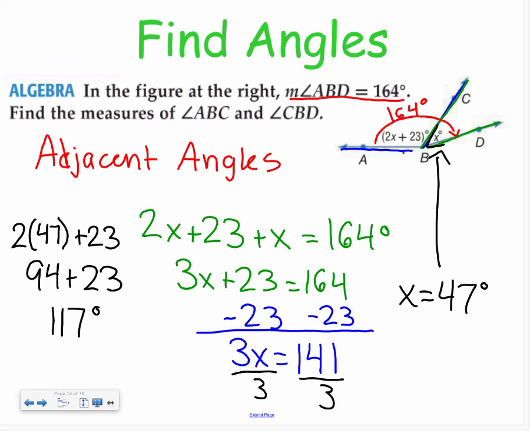Make sure that you label saying ABC is equal to 117 degrees and CBD is equal to 47 degrees so that you distinguish which angle is which.